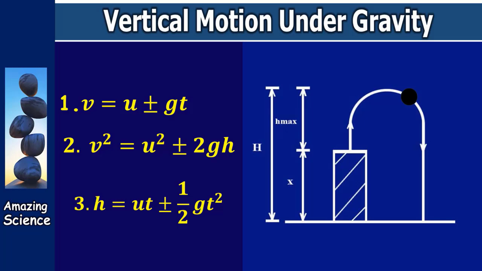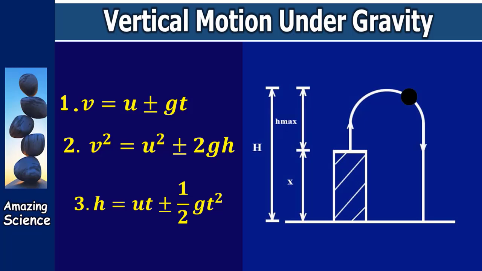If you can remember from our previous lesson, we know that for vertically downward motion under gravity, the three main equations are v is equal to u plus gt, v squared is equal to u squared plus 2gs, and s is equal to ut plus half gt squared.